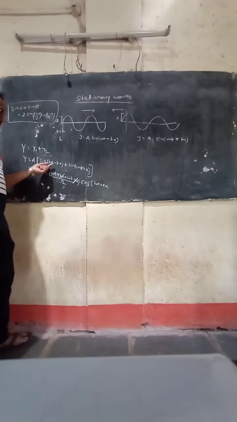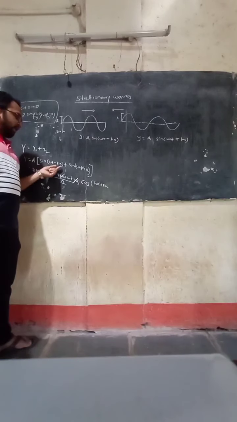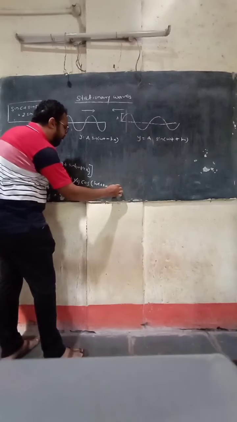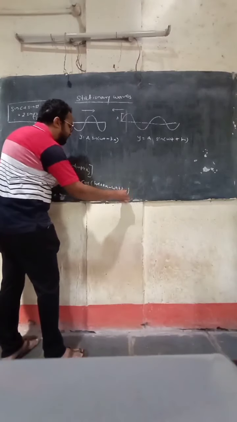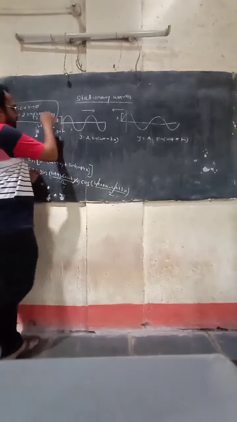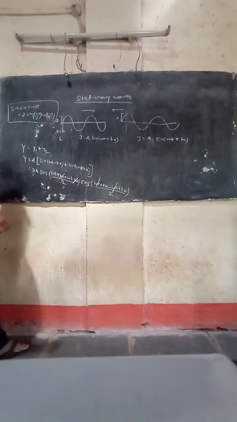Minus omega t plus omega t cancel, upon 2.